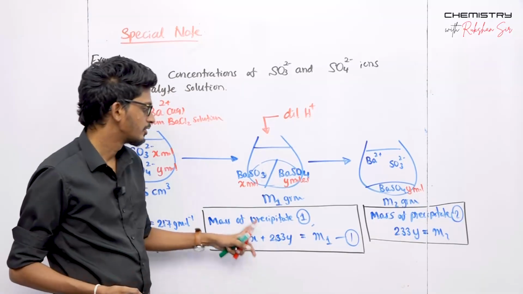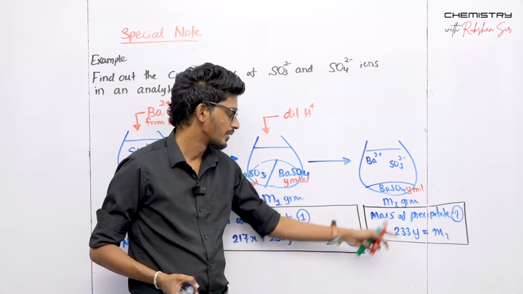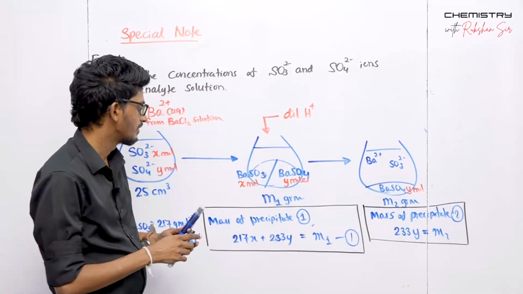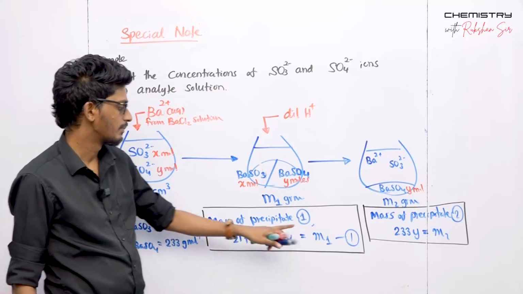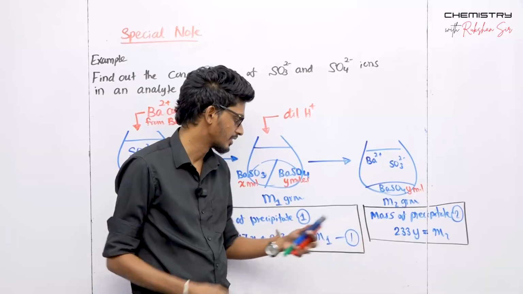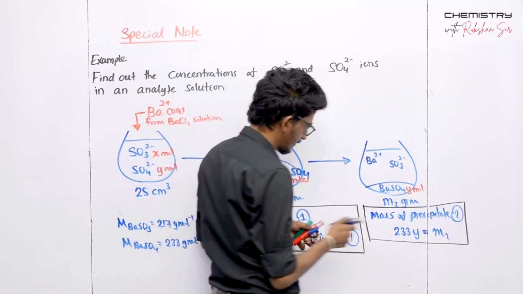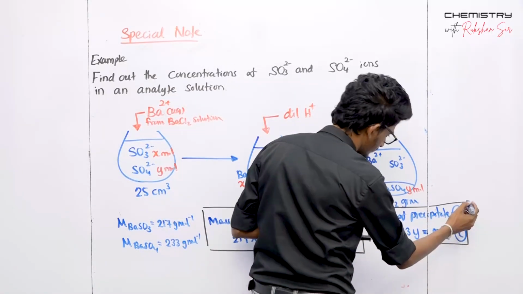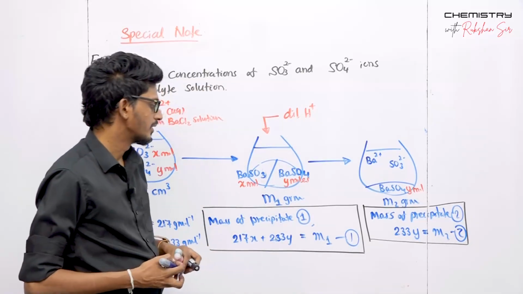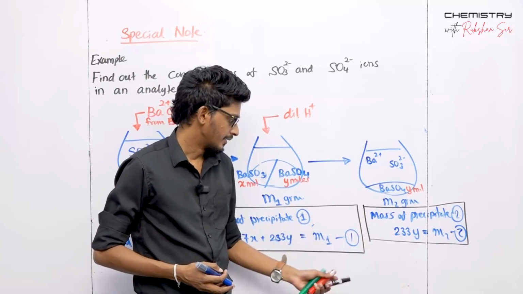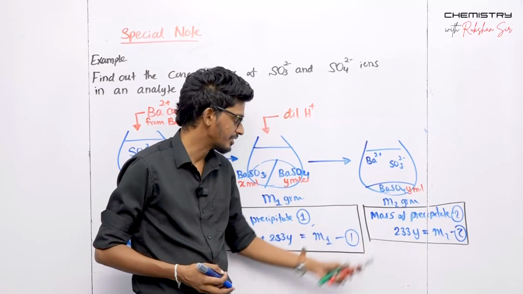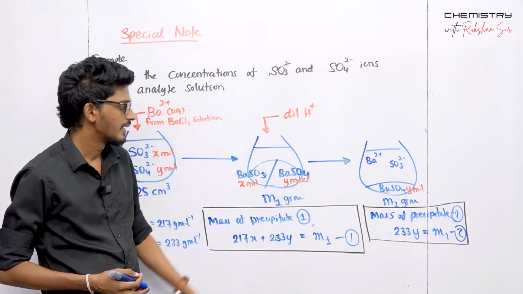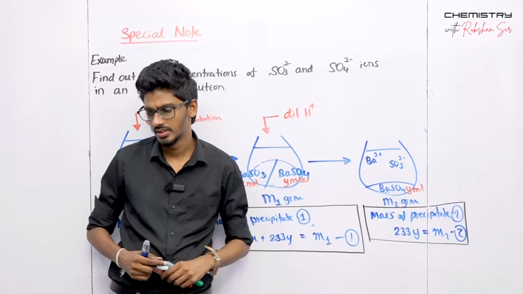So you can combine these two to come up with X and Y. As we know, M1 and M2 are known values. You can weigh those values. So combining equation number 1 and equation number 2, you will come up with simultaneous equations. By solving two simultaneous equations, you can come up with X and Y, right?